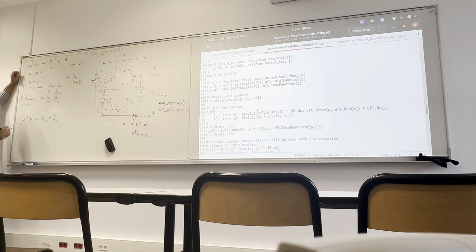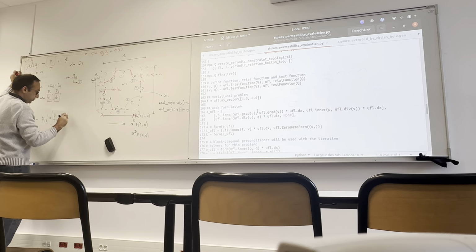So what we are doing is to multiply by v_i and integrate. This is the way in which we write the weak form. No? So what do we have?